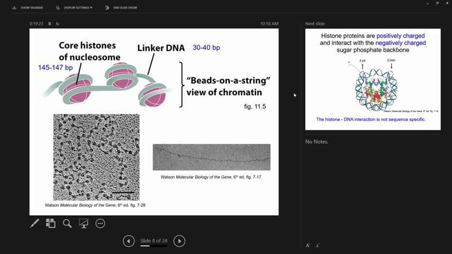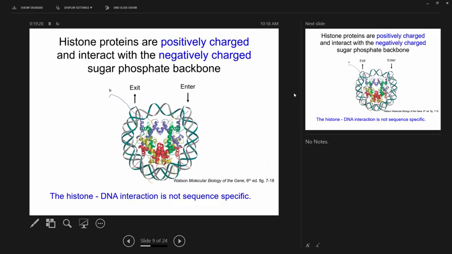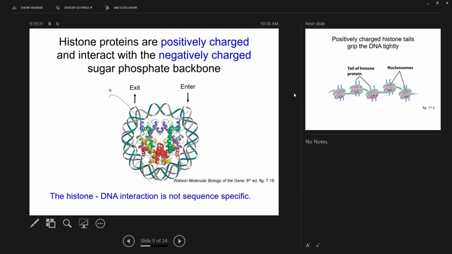The next level of organization allows you to go from the 10 nanometer fiber shown here to a 30 nanometer fiber. But first, let's have a look at this. This is going to be a better view of what's going on. Down here, entering at the bottom and then going around 1 and almost 2 times, coming out up here, is the DNA.